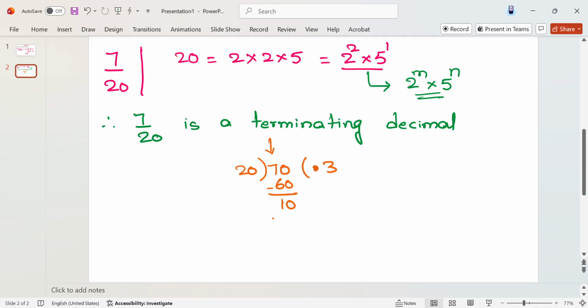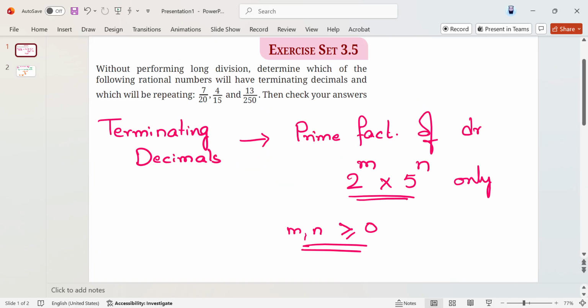Already you have taken the decimal, so you can borrow a 0. 2 fives are 10, so 100. So 7 by 20 equals 0.35. So it is a terminating decimal.